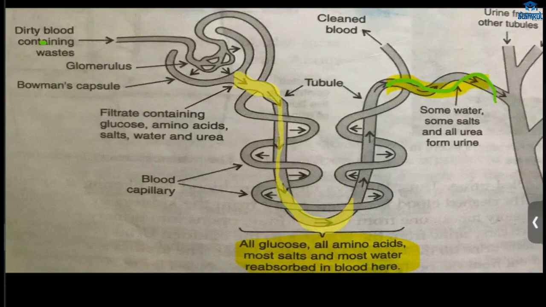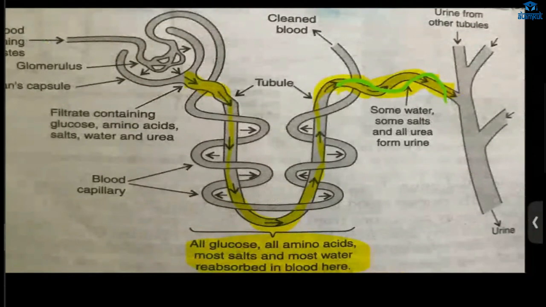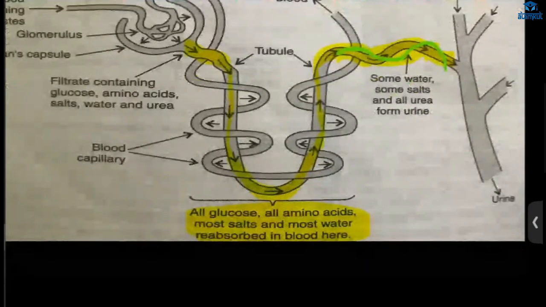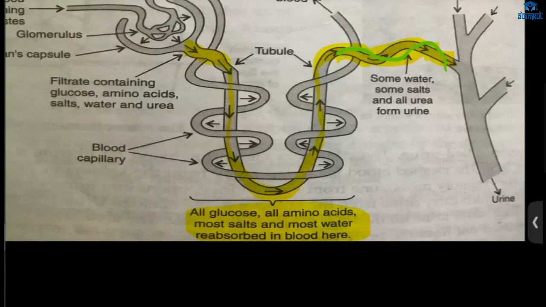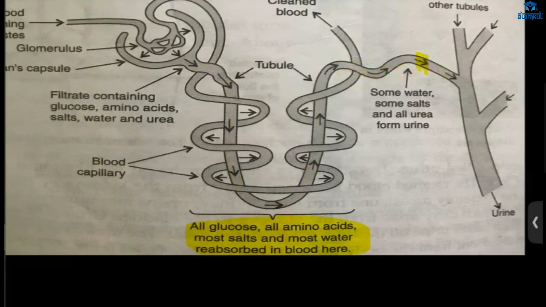The dirty substances, the salts and urea, meaning the nitrogenous waste, will form urine. The good things like glucose, amino acids, some salts and some useful water are reabsorbed. Water reabsorption depends upon the body.